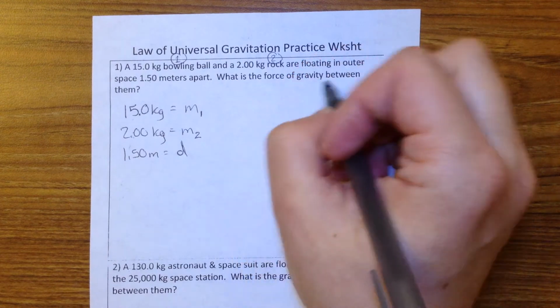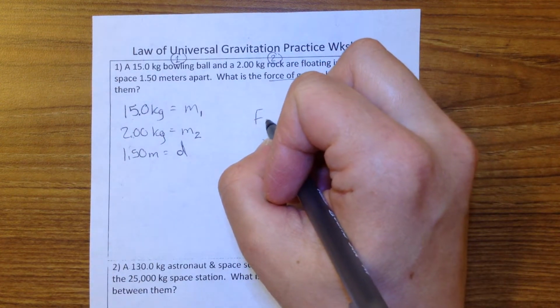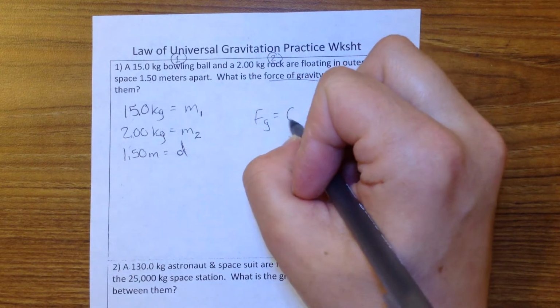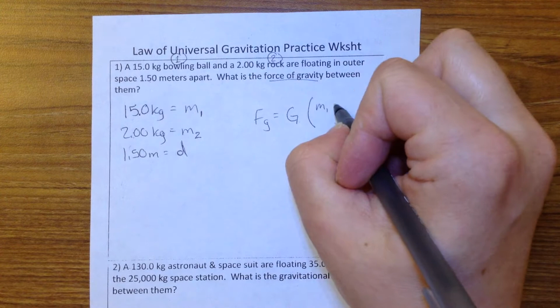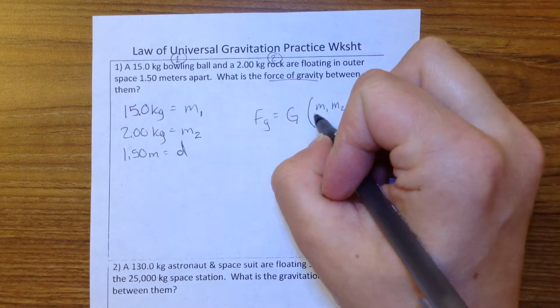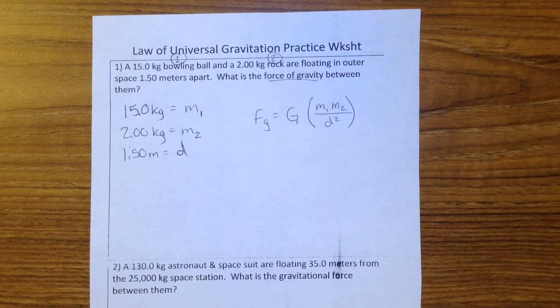All right? Now if we want force of gravity, we have Fg is equal to the gravitational constant multiplied by the mass of object 1 times the mass of object 2 divided by the distance between them squared. That's our formula. Let's plug in the values.